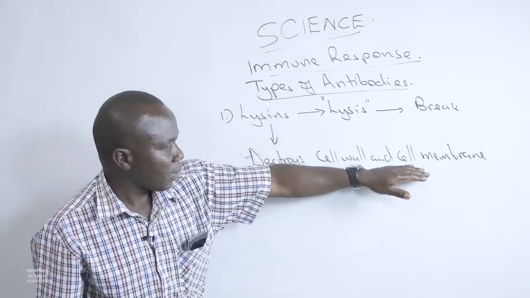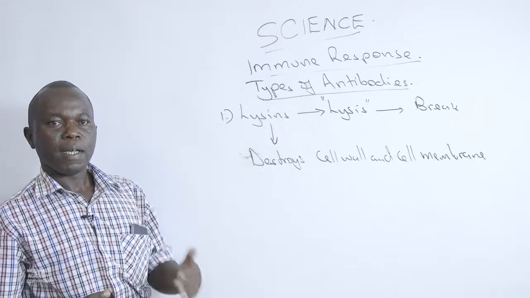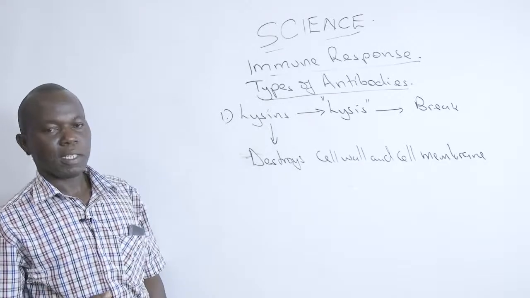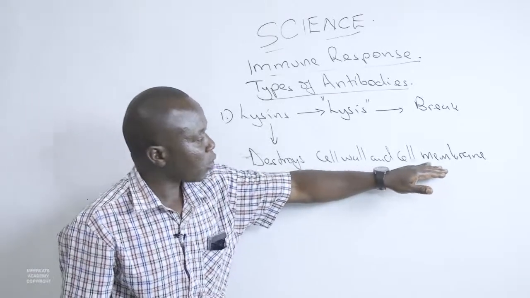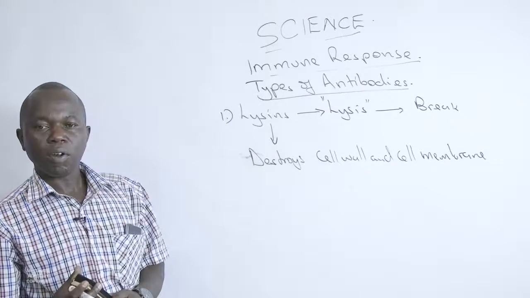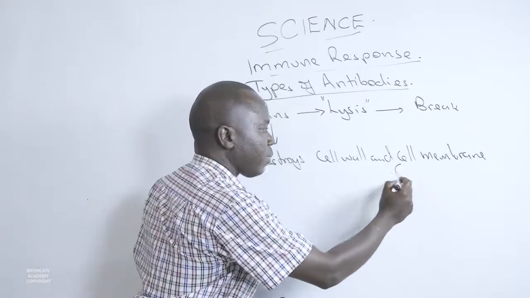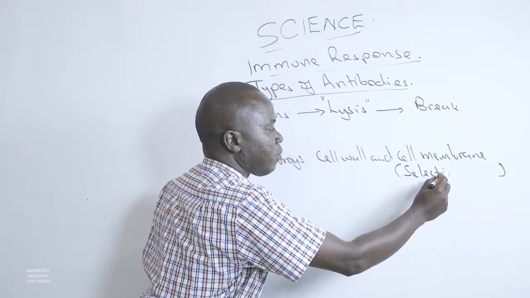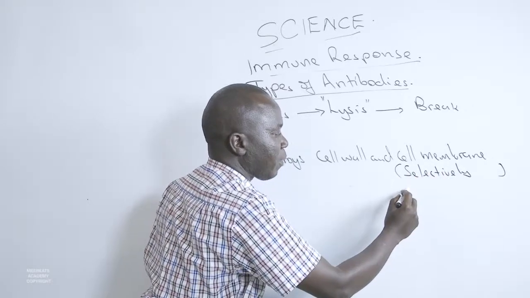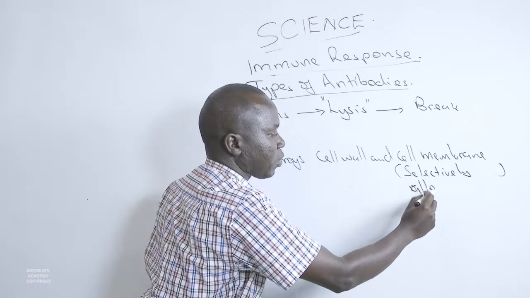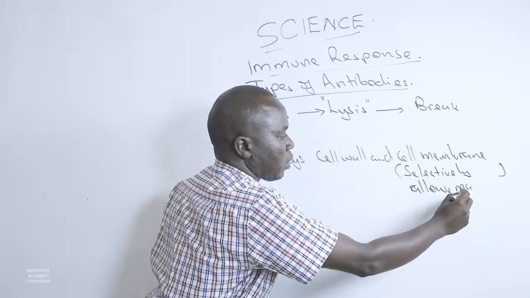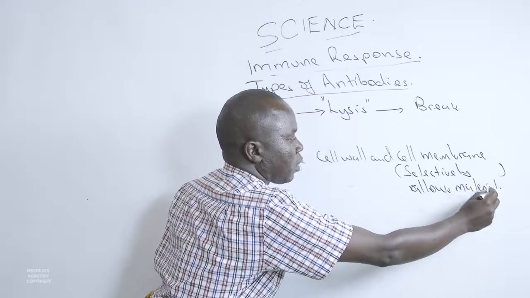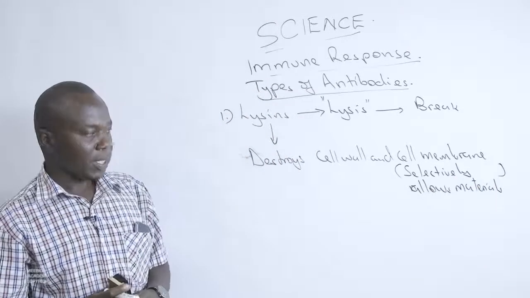Now, when the cell membrane is destroyed, remember the function of the cell membrane. In year 7, you were taught the role of the cell membrane. One of them is to selectively allow materials in and out of the cell.